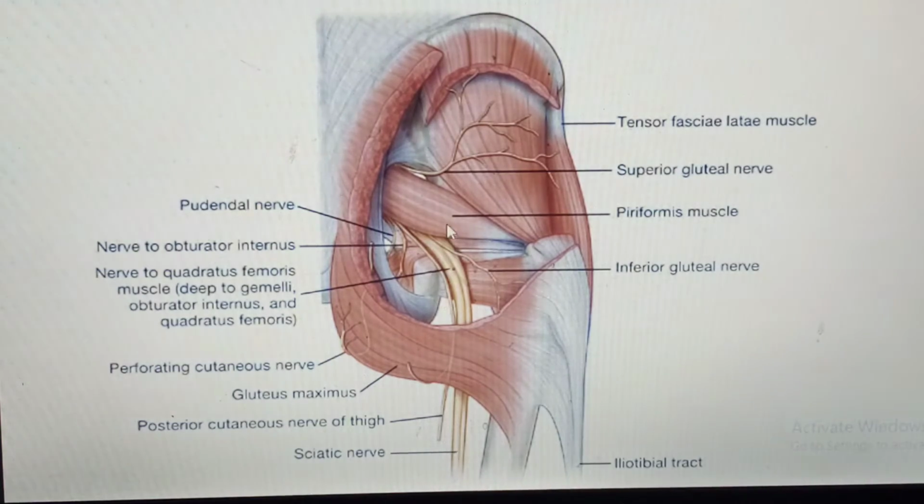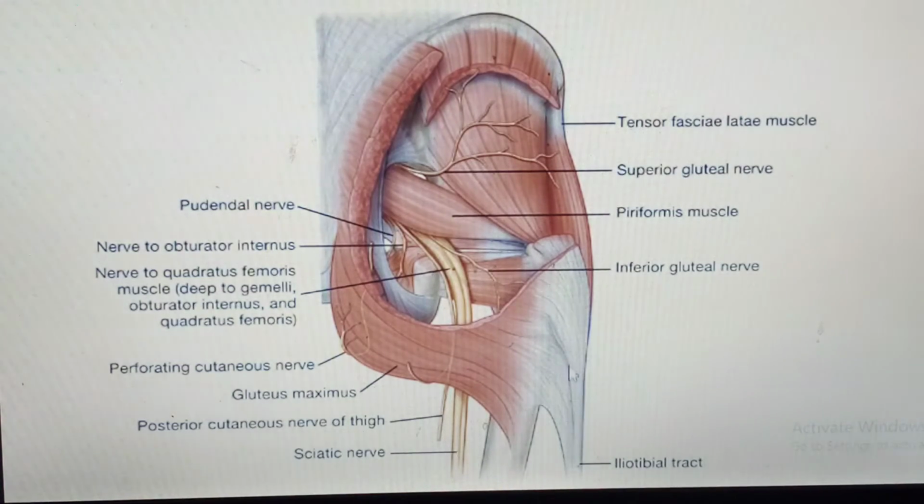This piriformis inferiorly is related to the sciatic nerve, and running on the medial aspect of the sciatic nerve will be the posterior cutaneous nerve of the thigh. That's why we say that the piriformis muscle could be involved in piriformis syndrome when it compresses the sciatic nerve. We are not doing these ones, but I just want you to have a feel of them.